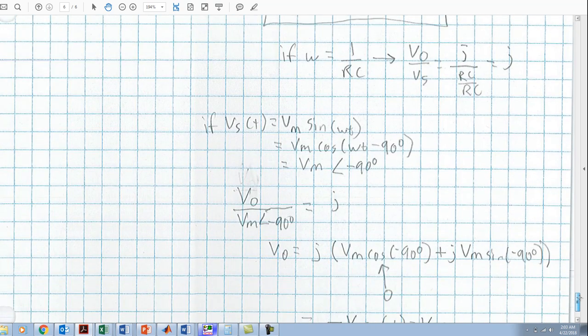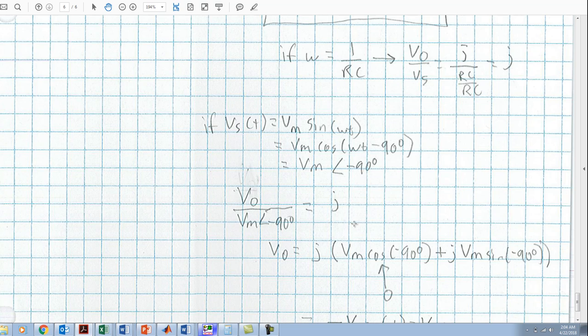And so if Vs of t is equal to Vm sine of omega t, then when you plug in this and convert it into cosine, it becomes Vm cosine of omega t minus 90 degrees. Convert this into phasor. What you get is V naught divided by this Vm value is equal to j. This is our gain right here.